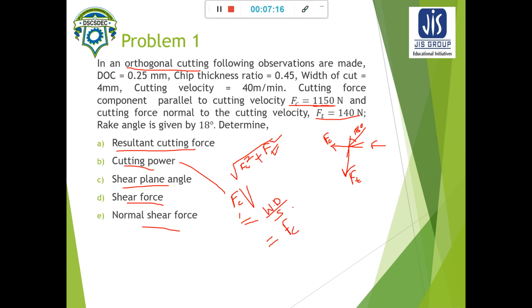Displacement per second is nothing but velocity. So we can write cutting power is equal to Fc into V.